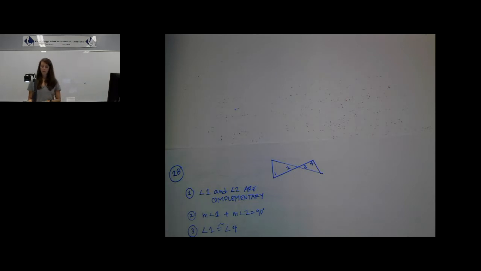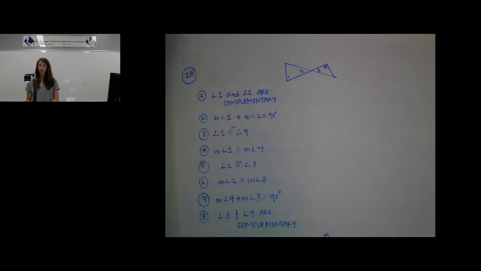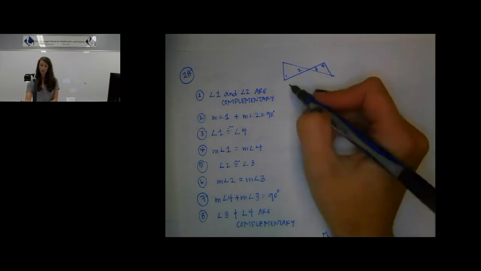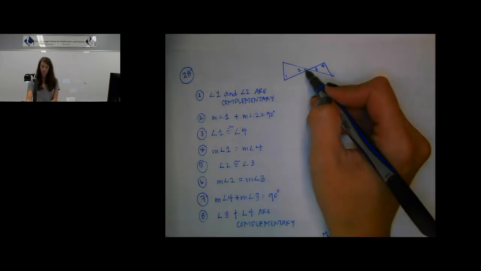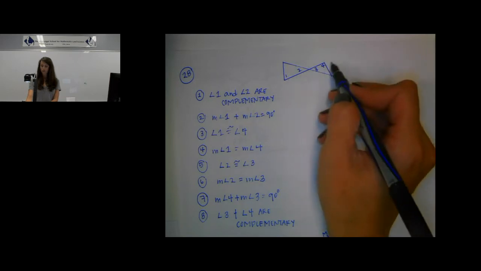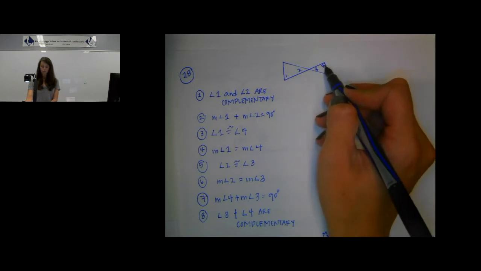All right, this is number 28 on the back. Okay, so we had some given statements, right? I didn't write it all out, I'm sorry, but we had that angle 1 and angle 2 are complementary, and angle 1 is congruent to angle 4.